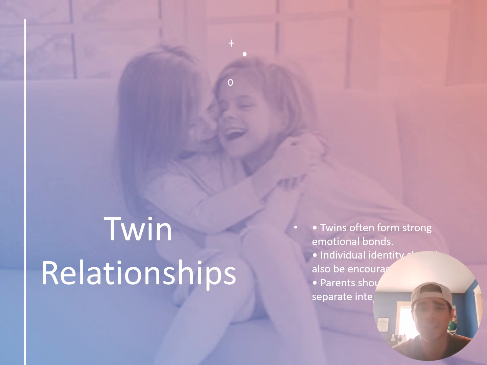At the same time, it's very important that twins are actually encouraged to develop their own identities. If they're constantly treated as one unit or compared to one another, it can make it way harder for a child to discover their own strengths, their own interests, their own path.